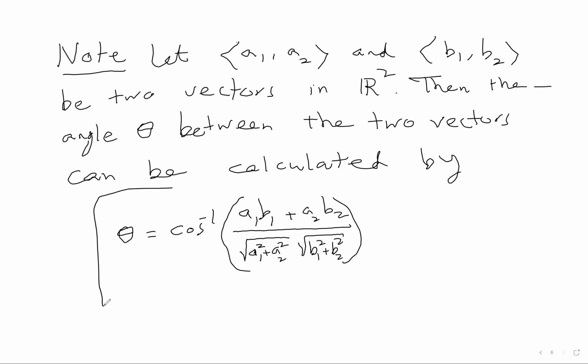So this is the formula that we use to find the angle between two vectors in R2. Again, the reason that is correct is because in one way, I obtained the dot product of the two vectors by A1 B1 plus A2 B2. In the other way, I obtained the dot product by the length of the first vector times the length of the second vector times cosine of theta. I solve for cosine, and then I apply the cos inverse. That's exactly what we did in the previous example.